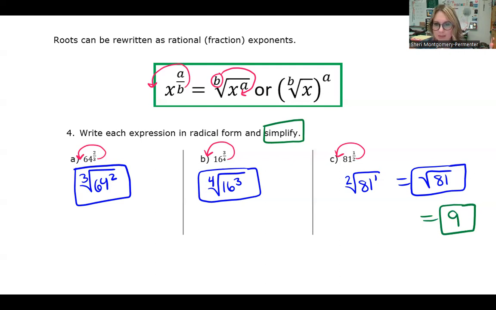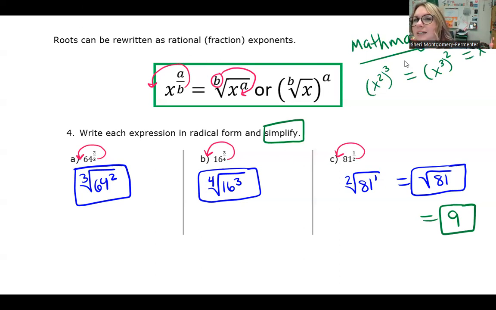If I have something like x squared to the third power, guess what? That is the same thing as x to the third power squared. They both are x to the sixth power. You see what I can do? See how I can switch these two numbers? Everybody see that? That's called math magic.